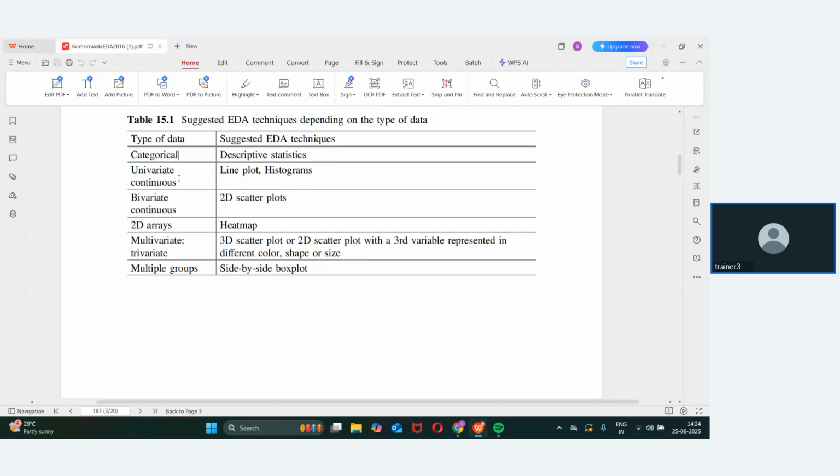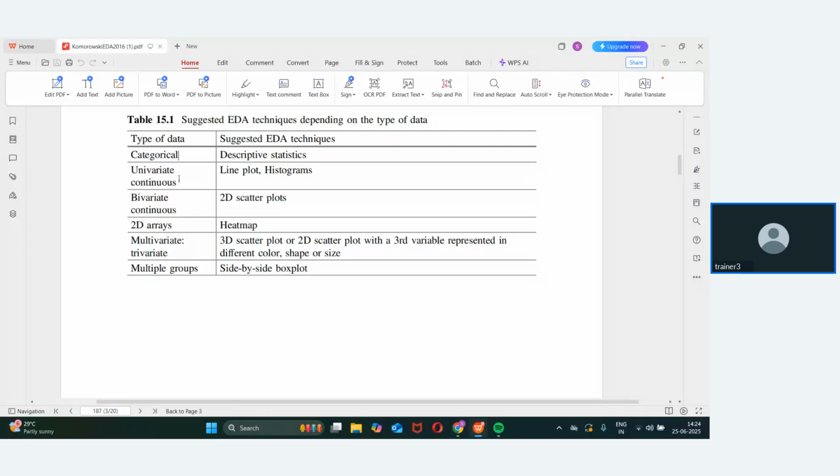Okay, and then bivariate and continuous data. If it is bivariate and continuous data, then we use 2D scatter plots. So guys, these are visual elements that we use to understand data. As the name suggests, EDA is simply analyzing the data and understanding about the data.